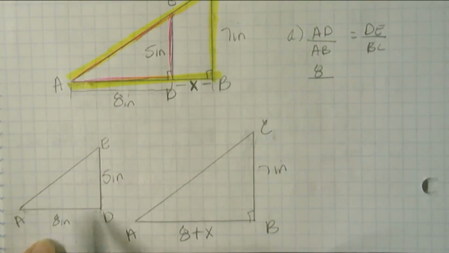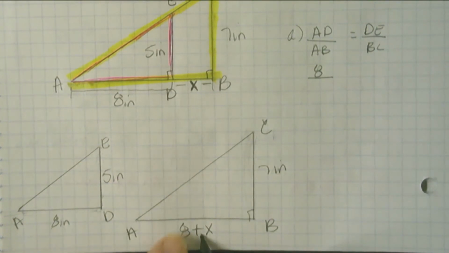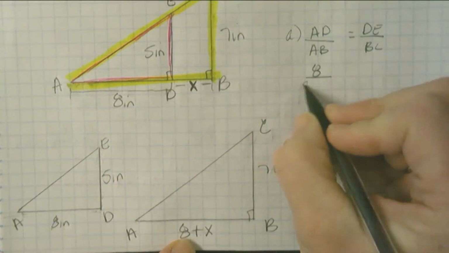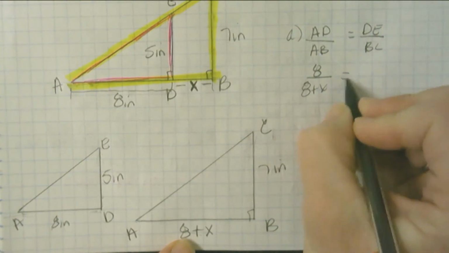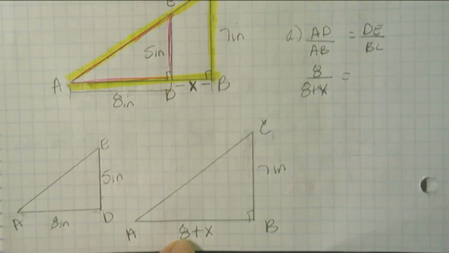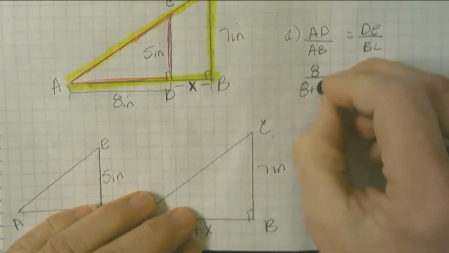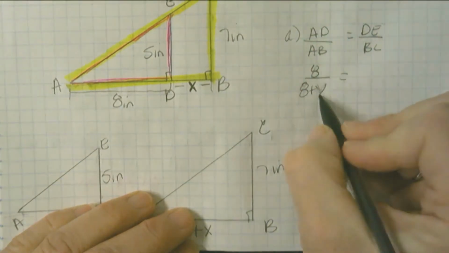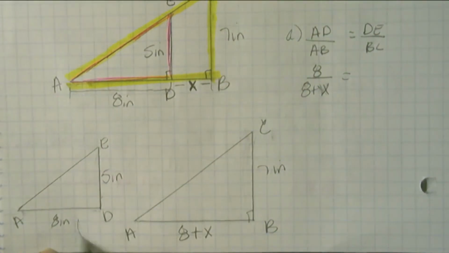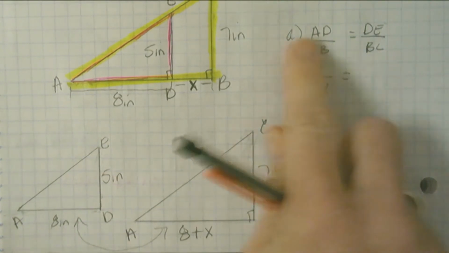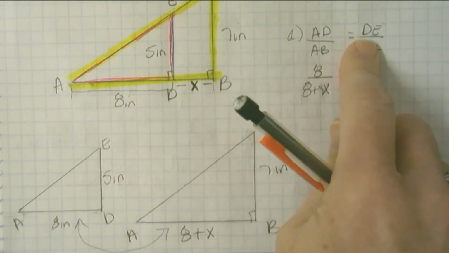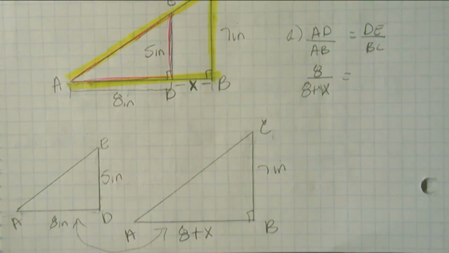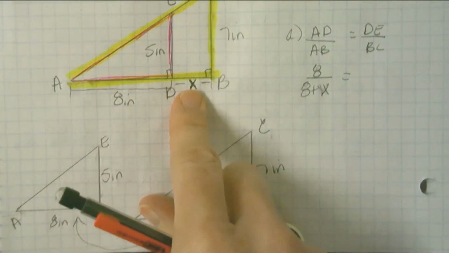So AD, its corresponding side is AB, which is 8 plus X. If you did not have this, you're writing this down, please, because this is what I will give you on a test, by the way, is a problem just like this. So these two are corresponding sides. I wouldn't give you the proportion. You'd have to come up with that on your own. And by the way, you can't use parts of sides in a proportion. You need full sides. So I just can't use X by itself.